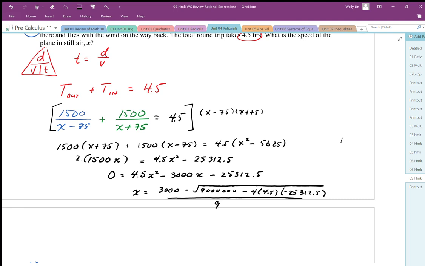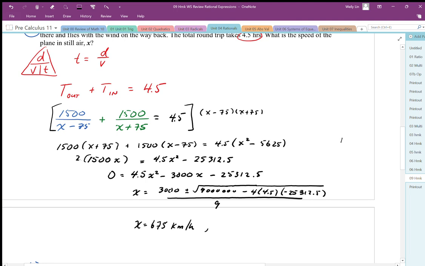It's going to be plus or minus. So 3,000 plus the square root of 9 million minus 4 times 4.5 times negative 25,312.5, and then divide that all by 9, and I get x equals 675 kilometers per hour.